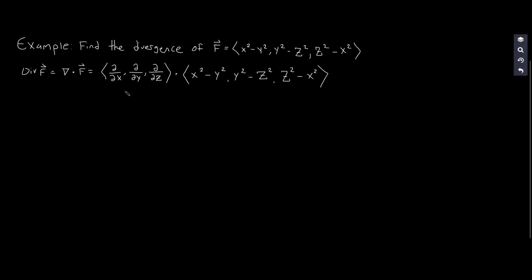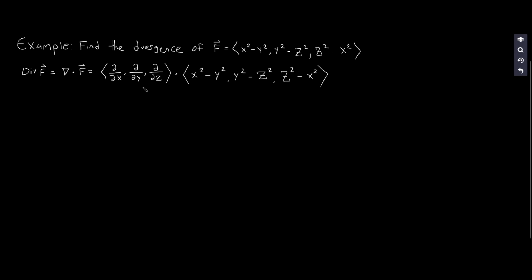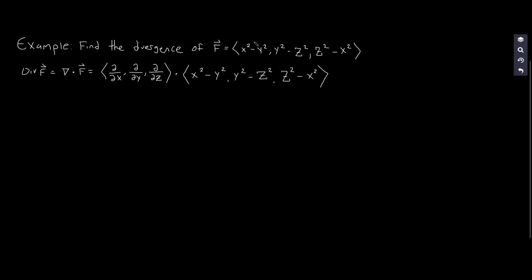Now you might say, Stella, that looks different from our definitions here, because we have the partial derivative of f with respect to x, the partial derivative of g with respect to y, and the partial derivative of h with respect to z. The reason is that another name for the x component here is f, another name for the y component is g, and another name for the z component is h.